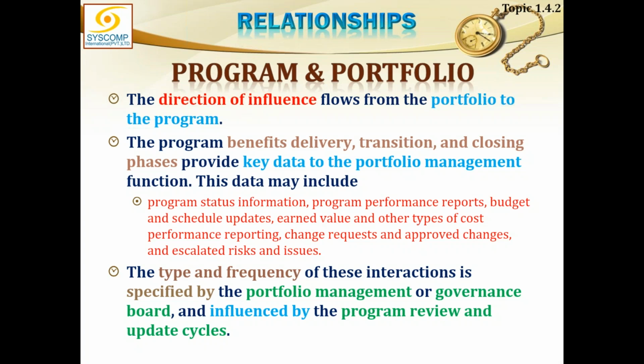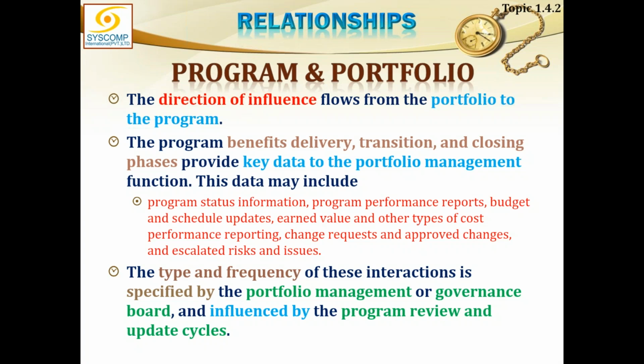The program benefit delivery, transition, and closing phases provide key data to the portfolio management function. This data may include program status information, program performance reports, budget and schedule updates, earned value and other types of cost performance reporting, change requests, approved changes, and escalated risks and issues.